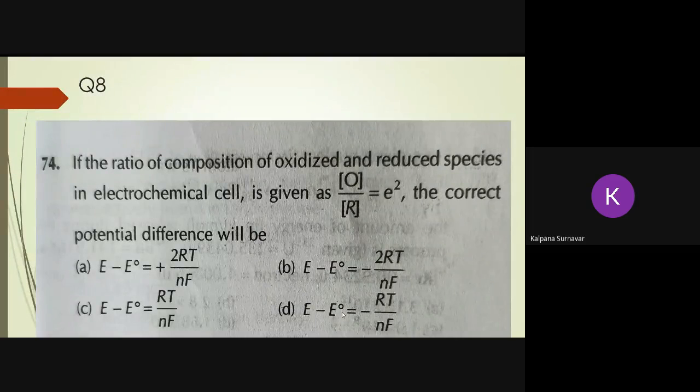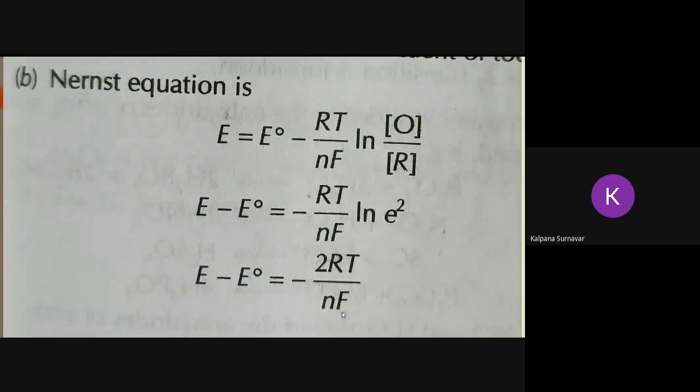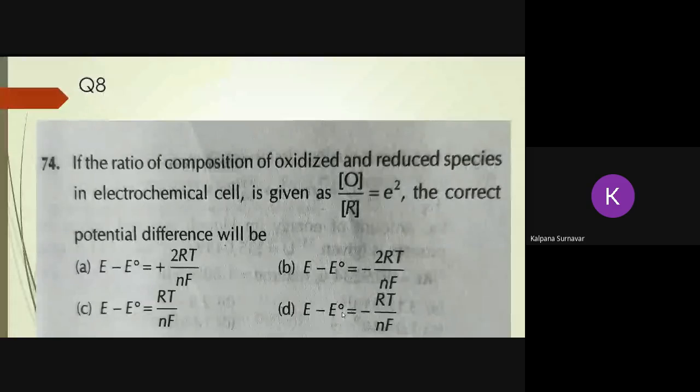See, the options are A, B, C or D. Option B is the correct option, which is E minus E standard equals minus 2RT upon nF. We just have to know the Nernst equation. Obviously, the values are given: concentration of O divided by concentration of R equals e square.